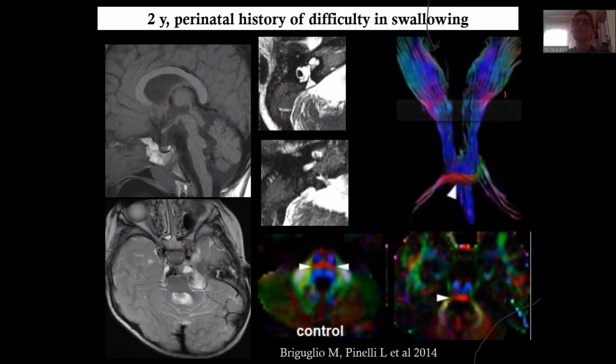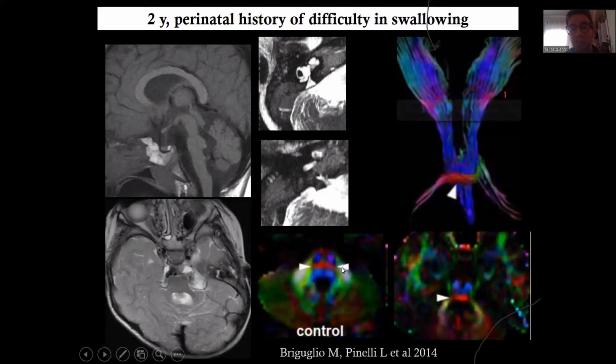When you have a cerebral malformation, if you are lucky enough to have a DTI program in your MR system and you can do a color mapping, you will be able not only to see if the shape is abnormal, but also the course of the fibers within the brainstem and the brain in general. And you can see normally at the level of the pons, this is an axial section of the pons with the color map DTI.